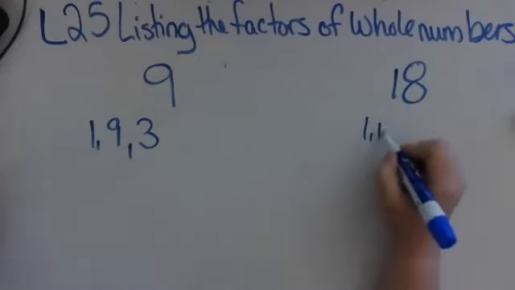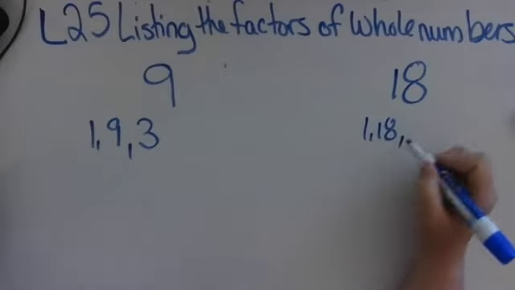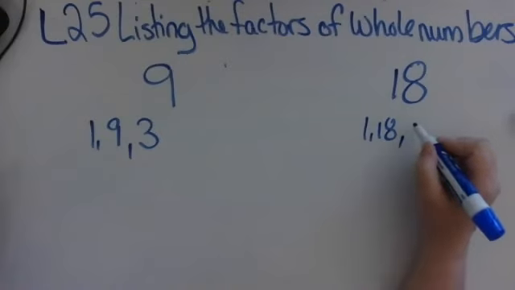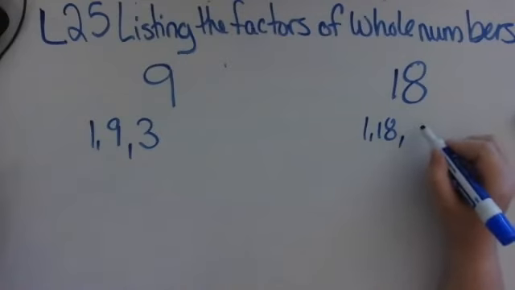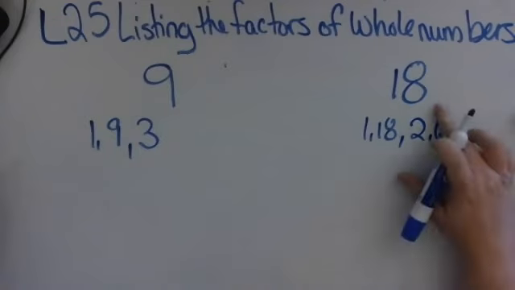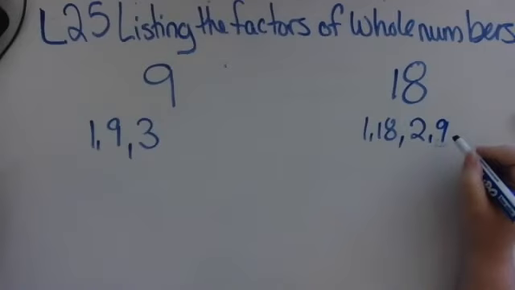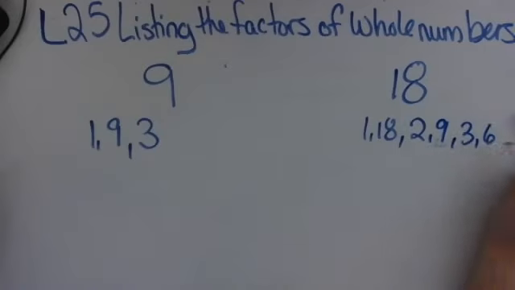For 18, 1 and the number itself, and then start going. So let's see, for 18 we have 1, we have 18, we have 2 times 9 is 18, and we also have 3 times 6 is 18.